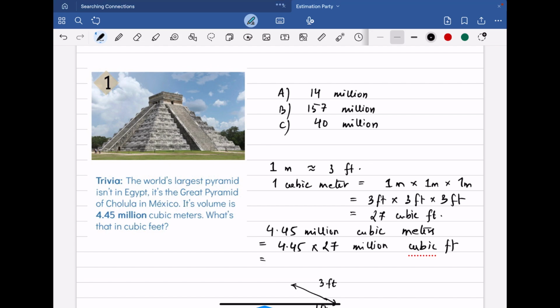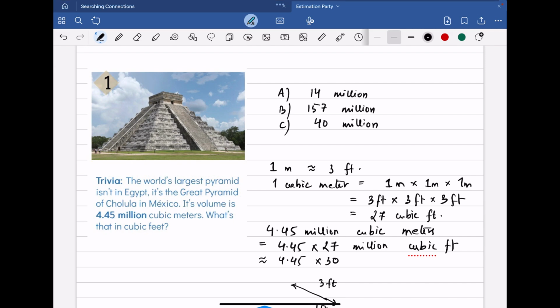Well, these numbers again are a bit difficult to work with, right? So let's do another rounding off. This is approximately equal to 4.45 times 30. Remember, we said that 1 meter is actually a little bit more than 3 feet.